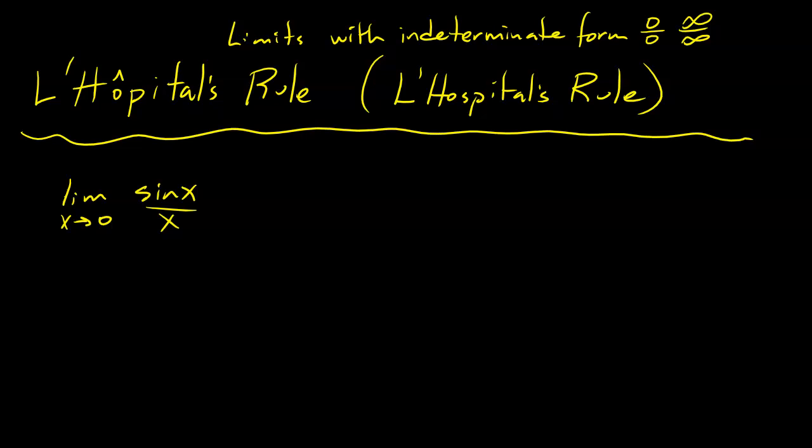So say you plug this in your head. What you have to do is you have to say the limit as x approaches 0 of sine of x is 0. You have to say the limit as x approaches 0 of x is 0. This creates an indeterminate form.